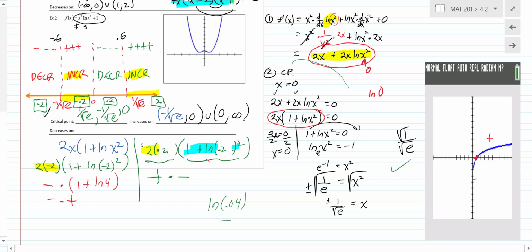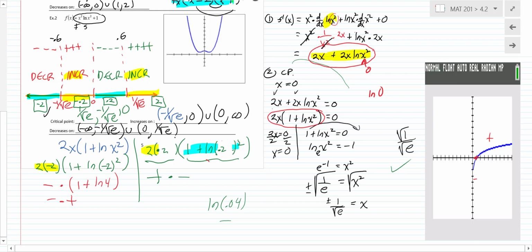So that would be how that increases. For decreasing, it would be in there and it would be in there. So we would say negative infinity to negative 1 over root e. And then the other one would be 0 to 1 over root e like that.